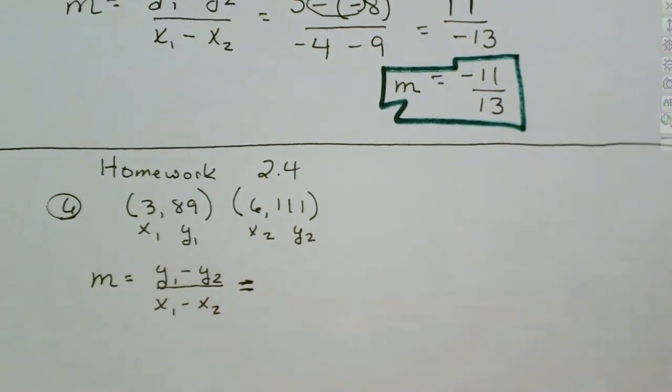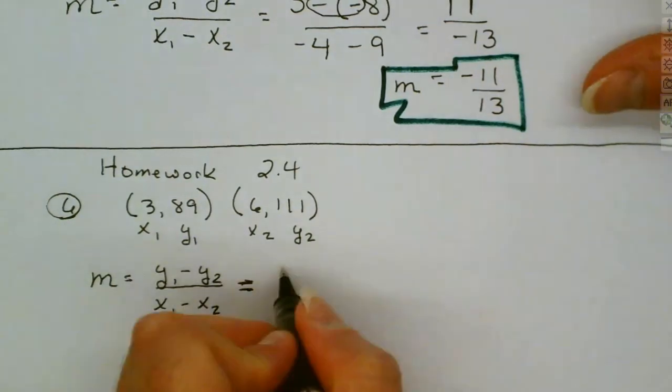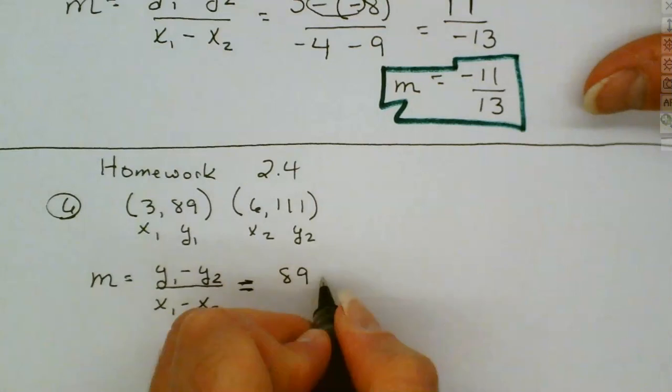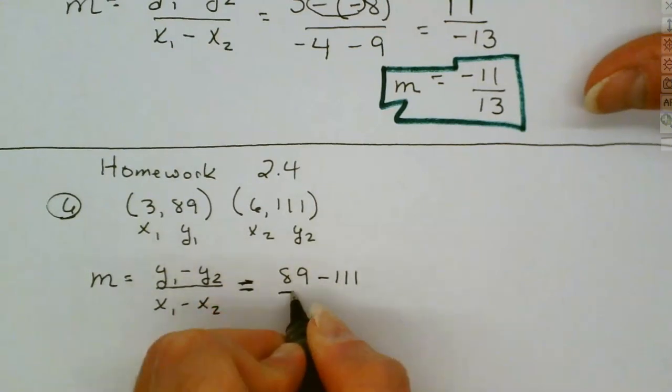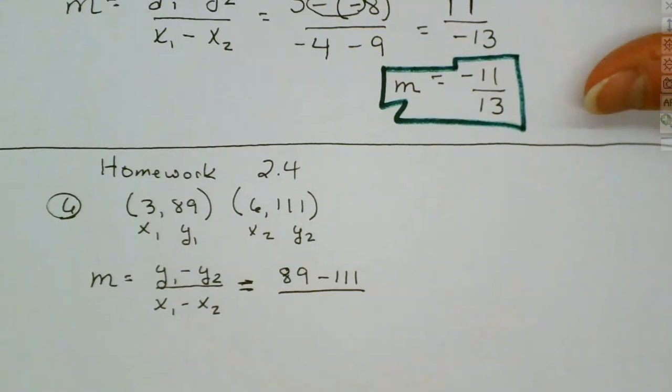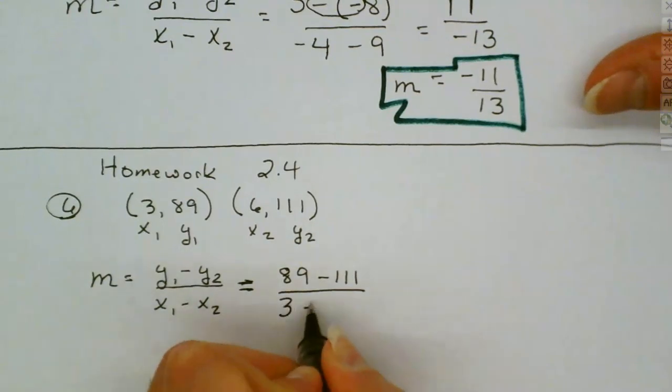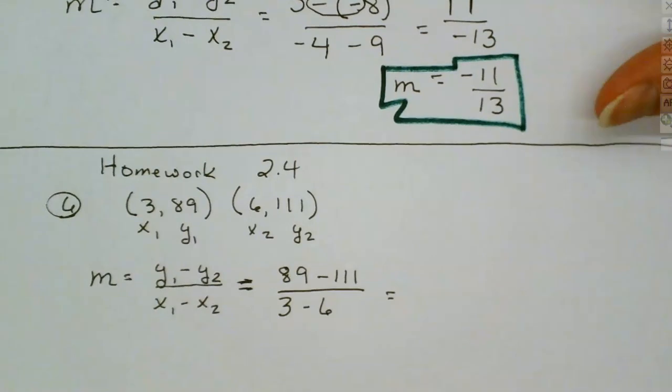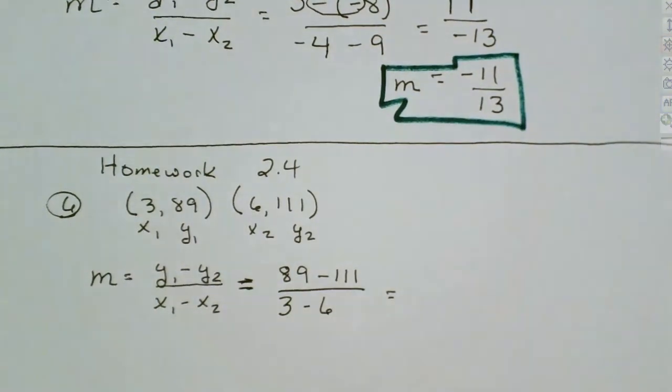Average rate of change means the same thing as the slope. They're equivalent. Let's plug our values in and see what we get. y1 is 89 minus 111. What about down below? We have 3 minus 6. We're going to go ahead and subtract those.